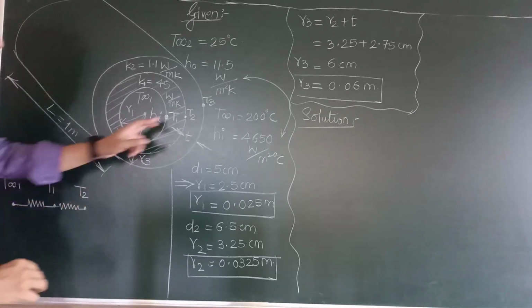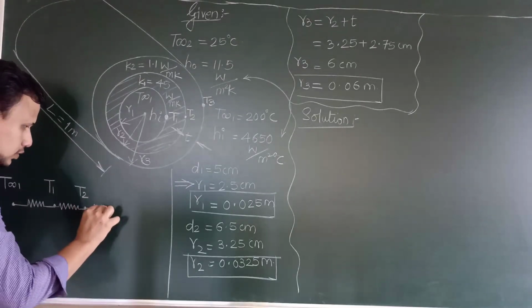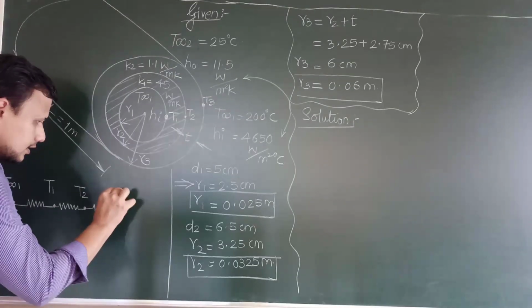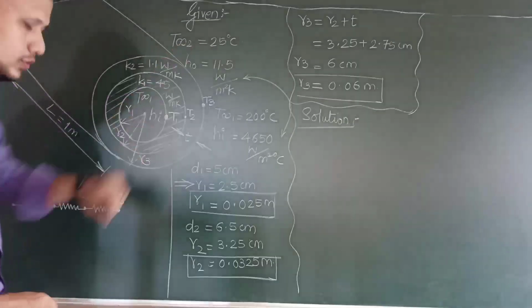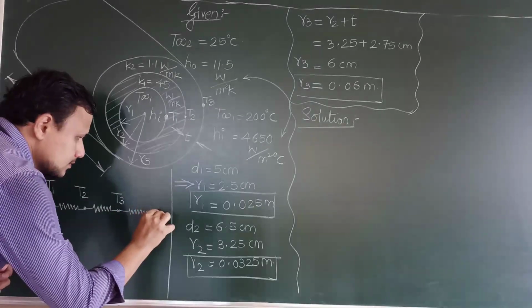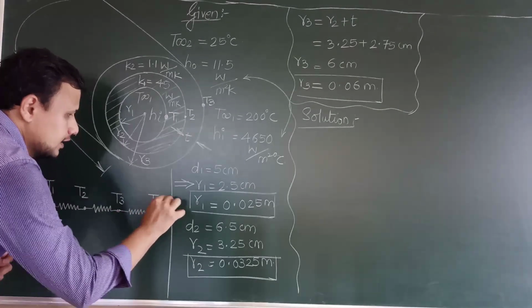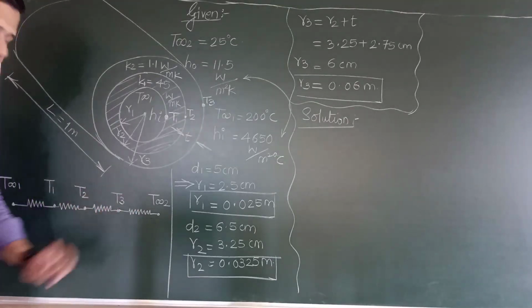Yes, now T2 is there. Between T2 and T3 there will be the third resistance, and between T3 and T infinity 2 there will be the fourth resistance. So this is T infinity 2.